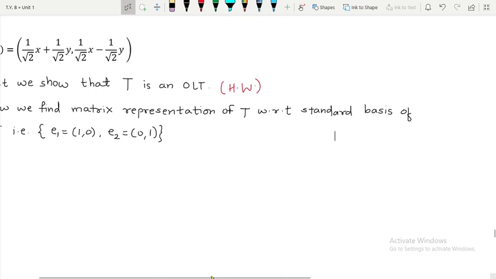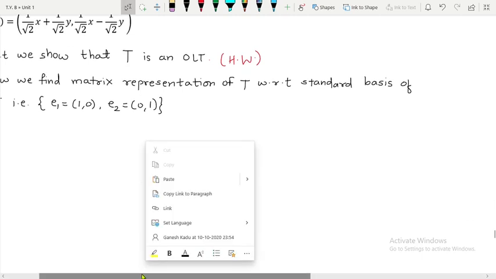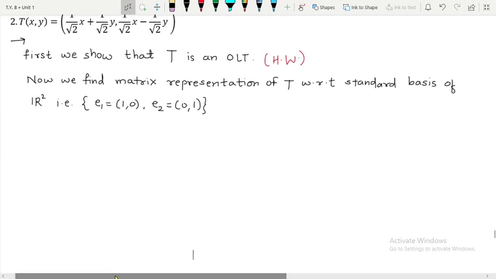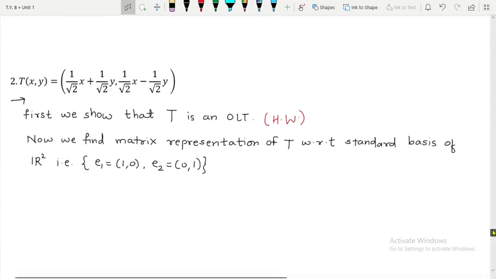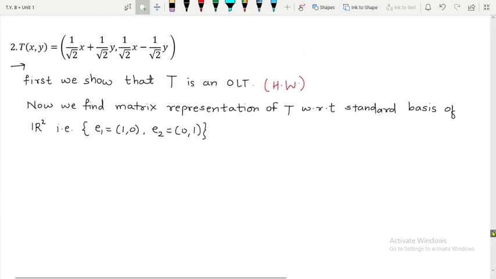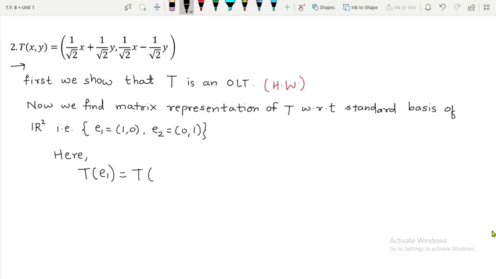So over here, what am I going to find? I am going to find T of e1 and T of e2. What will be our T of e1? T of e1 means T of (1, 0), so you are going to put x equal to 1 and y equal to 0.